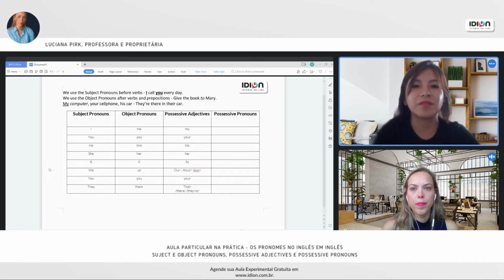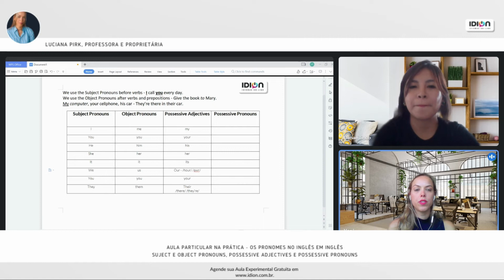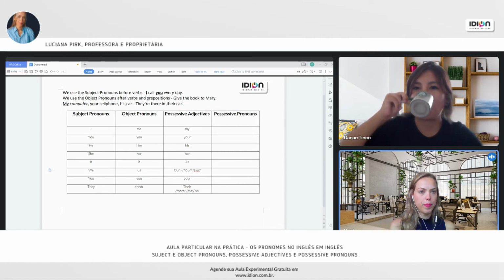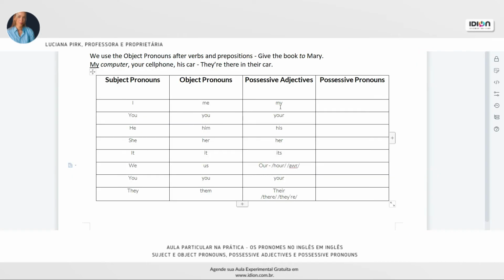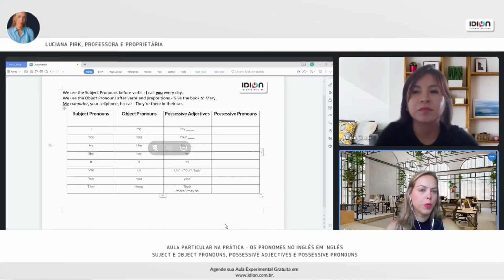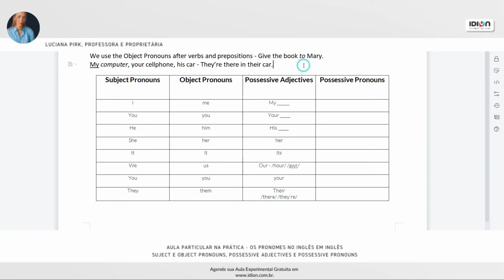Okay. So what happens here is with the possessive adjectives, we are always going to use them before the noun, right? My, your. It always has to be followed by a noun. I cannot finish a sentence like this. Because with the possessives, we use the question whose, right?